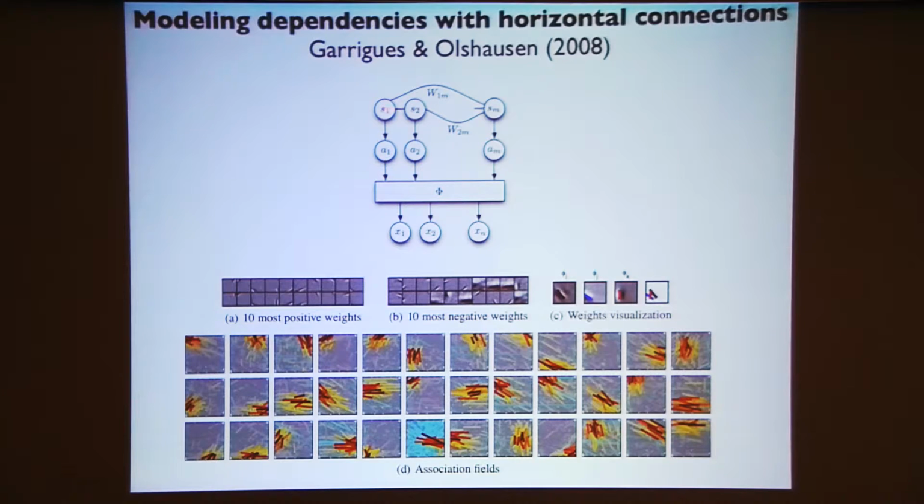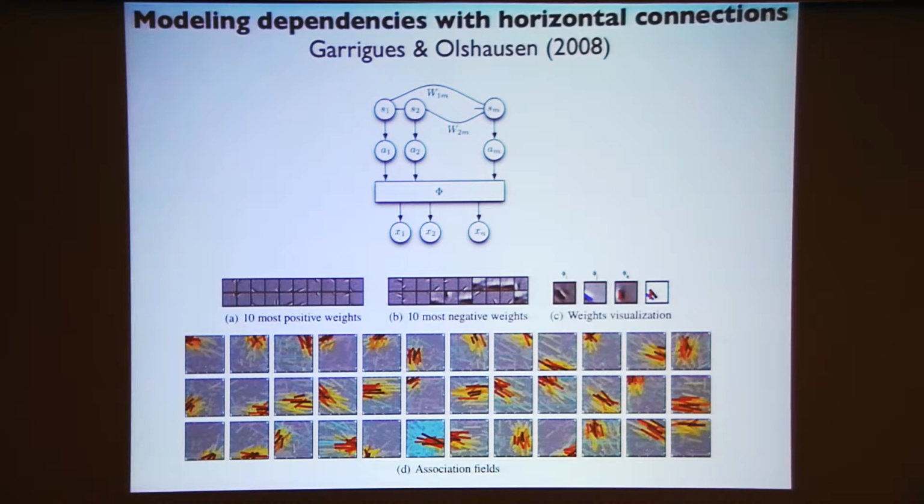If the binary variable S_i here is 1, then it allows this coefficient to be active with a Gaussian distribution. And if it is 0, then it forces that coefficient to be 0. And then we learned an Ising model among these binary units to try to capture the pairwise dependencies among these oriented units, and to see if we could learn something like these contour association field statistics from natural scenes. And what we learned is shown down here.